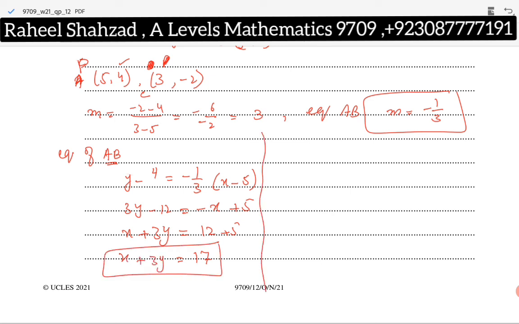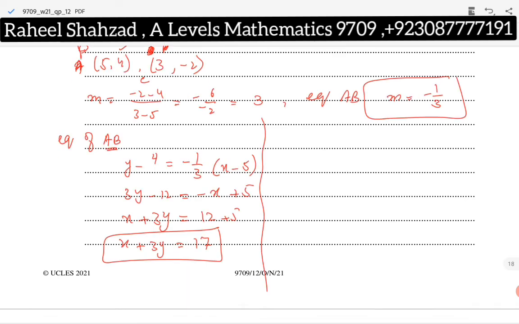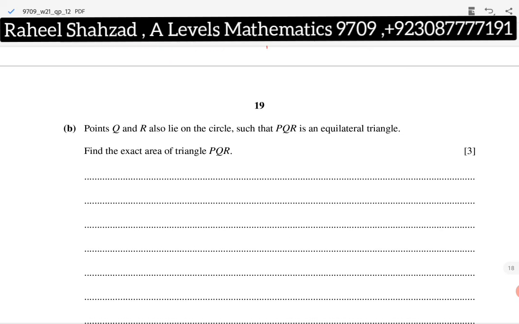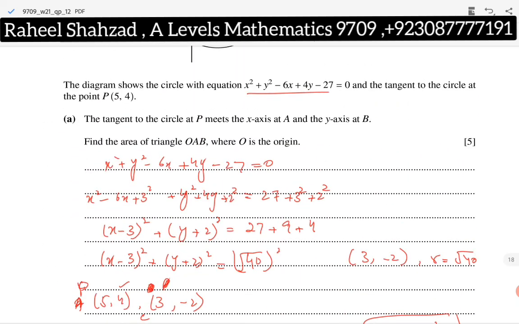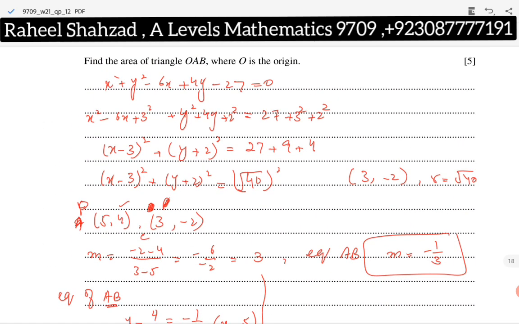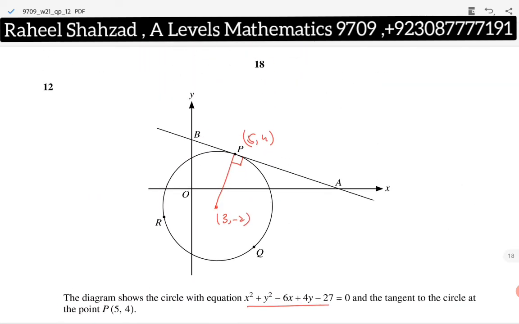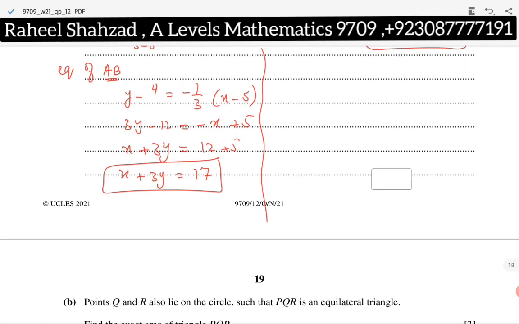Now in order to find area, find the area of triangle OAB. So O is the origin. In order to find area, I need to find A and B coordinates. So coordinate of A, the x-intercept, we put y equals 0. So it is going to be x equals 17, and for B we put x equals 0.